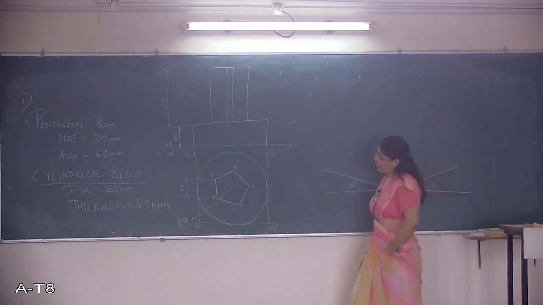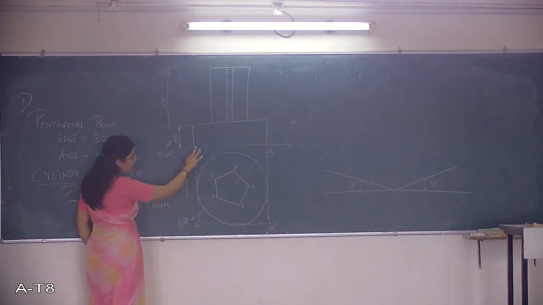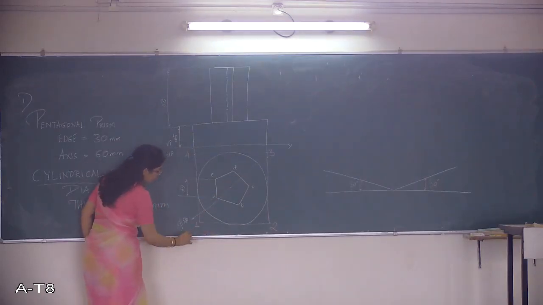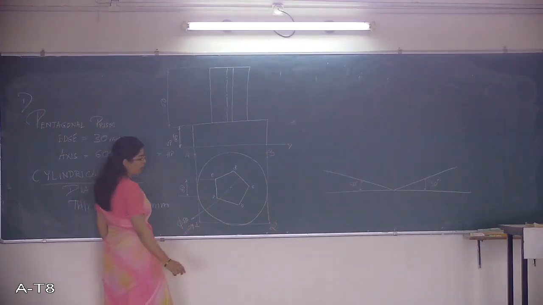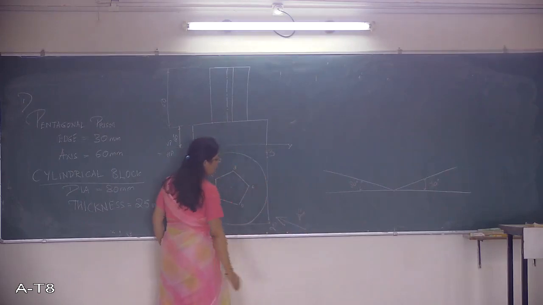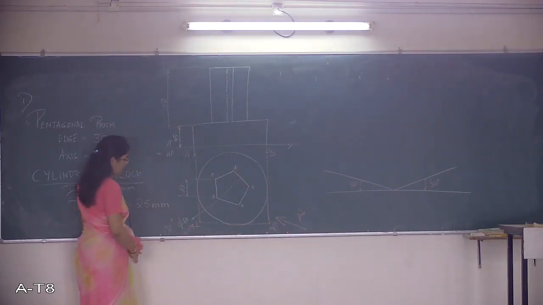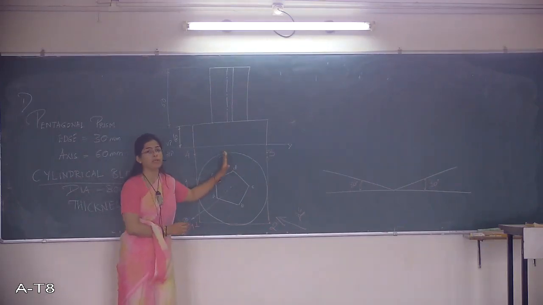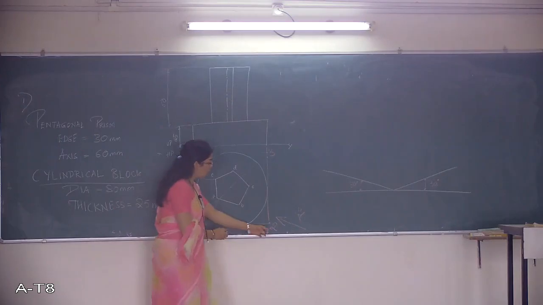Whenever we go for isometric projections, you either have to observe the complete combination of solid from the left bottom corner or from the right bottom corner. You have options of seeing the combination of solid either from this end, that is 1, or from 2.